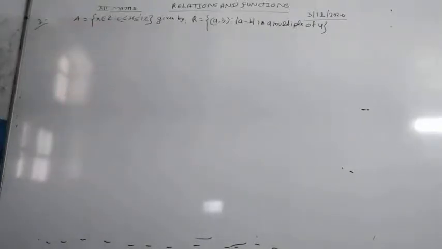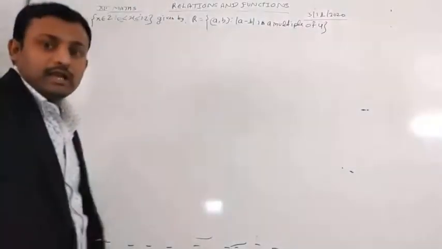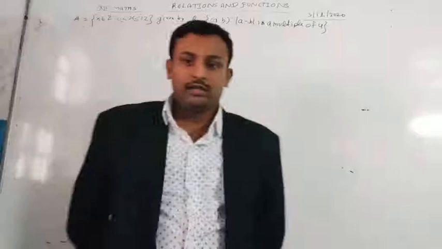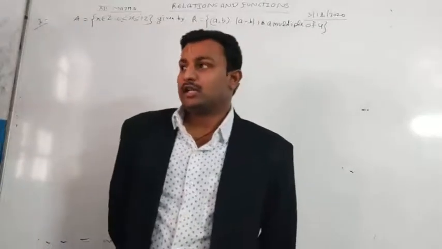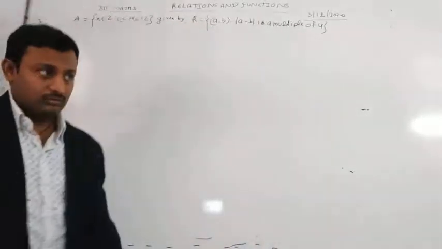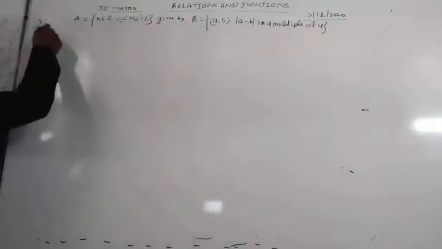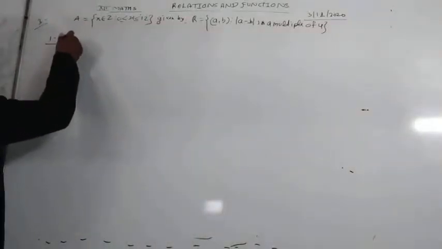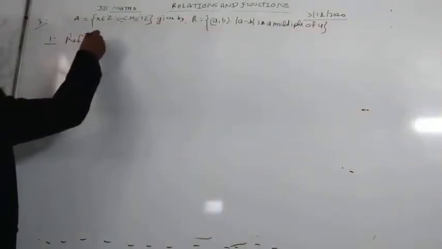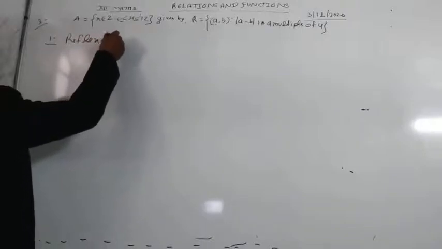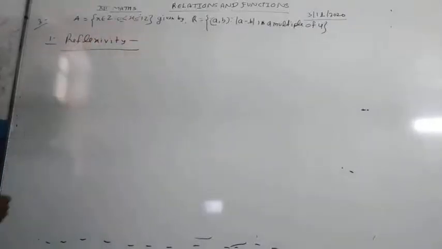Now we have to show that for equivalence, it should be reflexive, it should be symmetric, it should be transitive. So first we will write reflexivity. We have to show that it is reflexive.